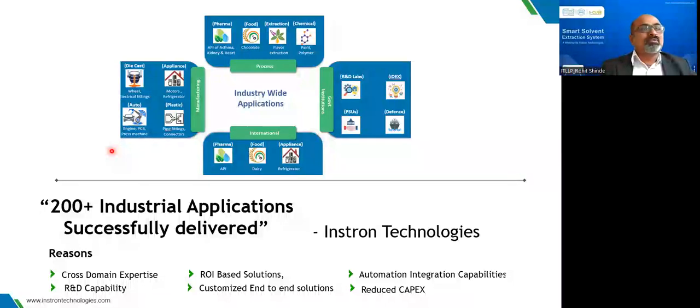With the ROI-based solution and our cross-domain expertise, we aim to provide automation solutions which easily integrate with your existing system. And our R&D capability enables us to provide customized end-to-end solutions, which help our customers reduce capex.